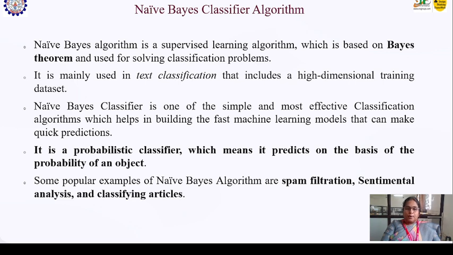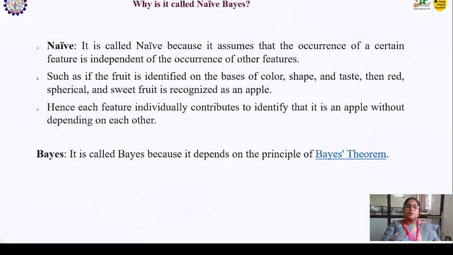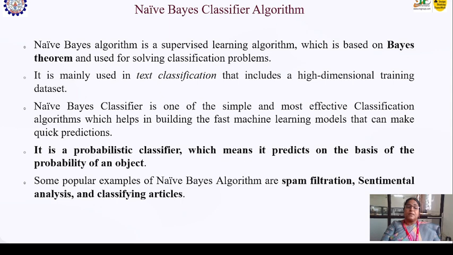It is also called a probabilistic classifier. It predicts on the basis of the probability of an object. So let's see the applications of this naive-Bayes classifier algorithm. It's mainly used for spam filtration, sentiment analysis, and classifying articles.